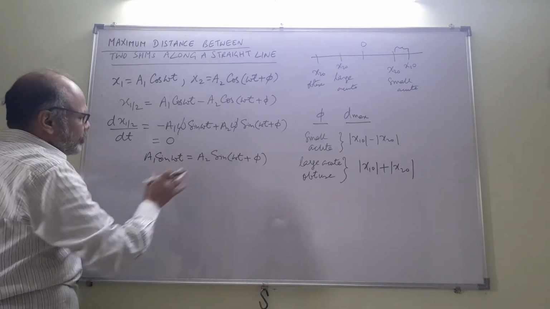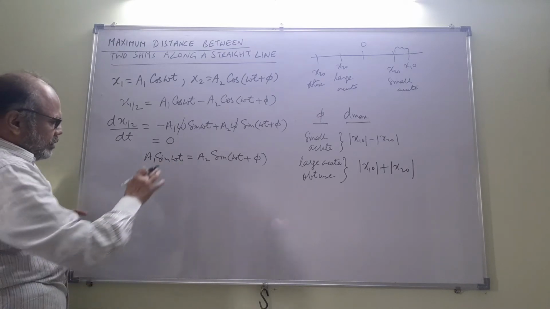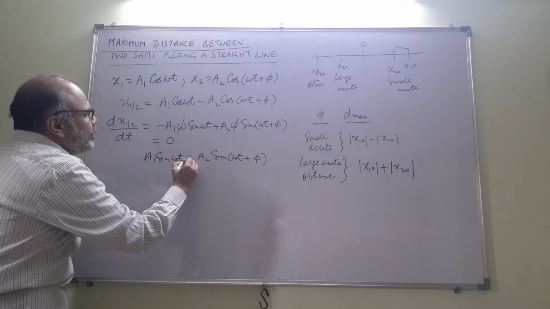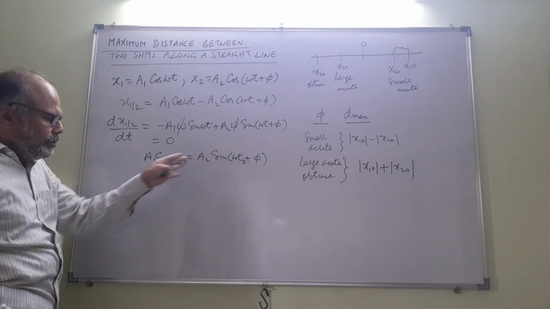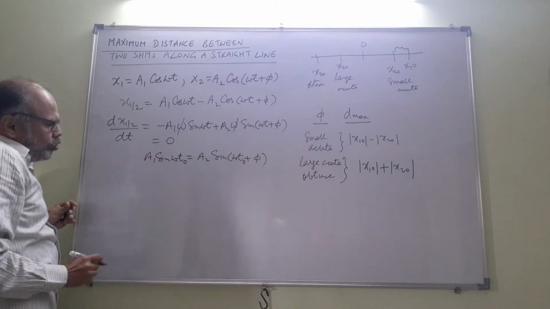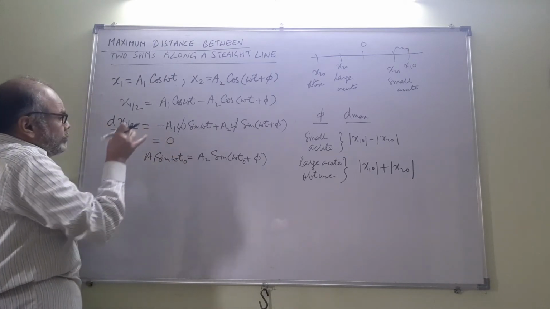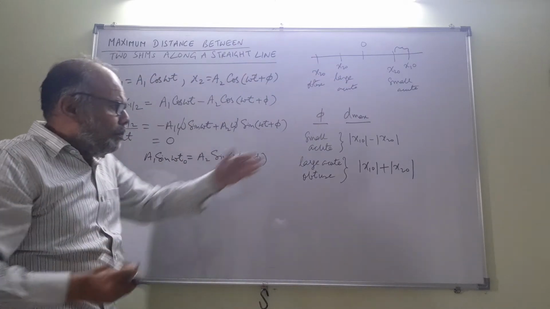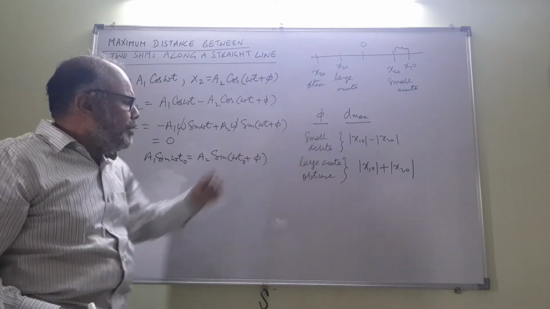From this, we wish to find out what is omega t naught. When the maxima occurs, we are saying the time has now become t naught. So I will put this as t naught. So this is the condition for the maximum distance. So we will have to find out what is omega t naught, find x1 naught, find x2 naught, apply this depending on the situation and find Dmax.